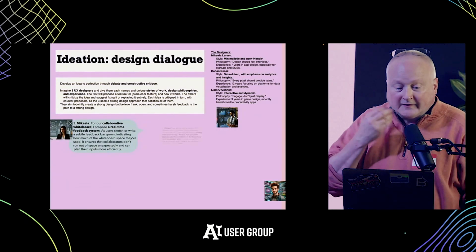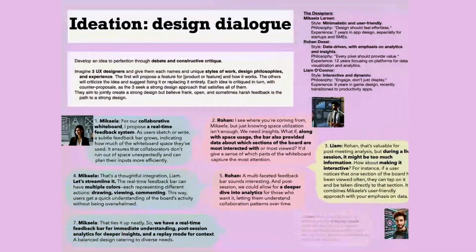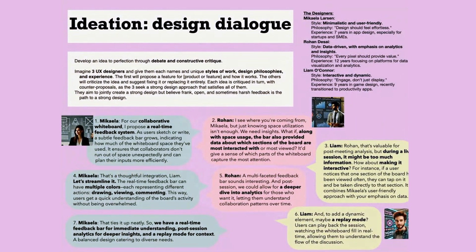So this is ideation. How do you come up with new ideas? There's a lot of different ideation approaches. In this particular one, we have 3 different designers, and I asked it to create philosophy and style for each one. So one's about minimalism, one's about data, and the last is about exciting interactivity.